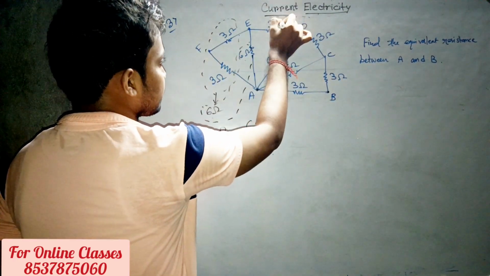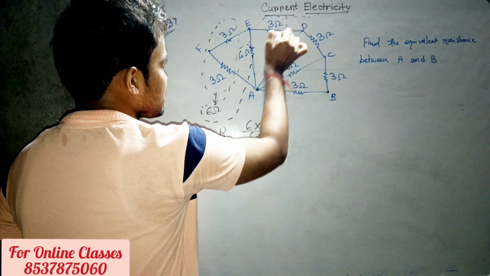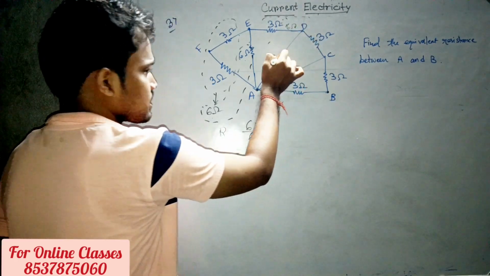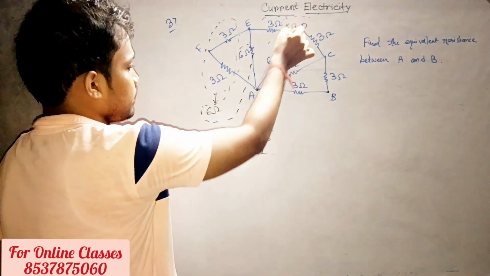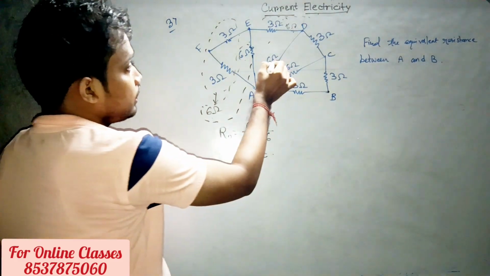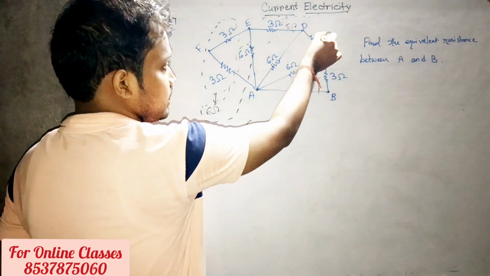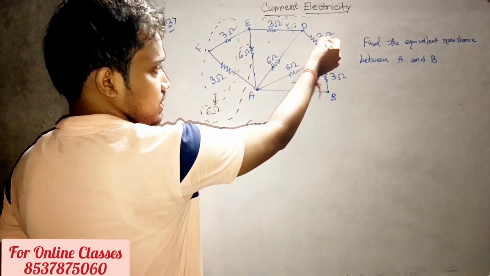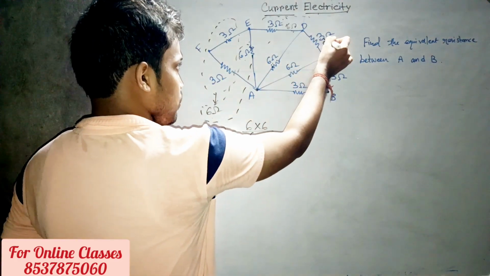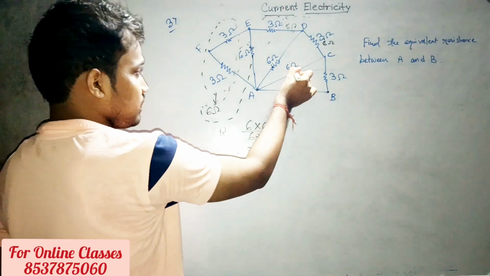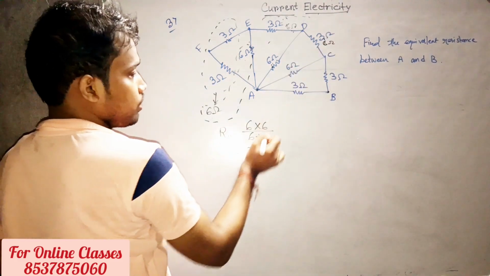Again, this 3 and 3 is series connection, so the result will be 6 ohm. This 6 and 6 in parallel give 3 ohm again. This 3 and 3 in series give 6. Again, 6 ohm and 6 ohm in parallel give 3 ohm.